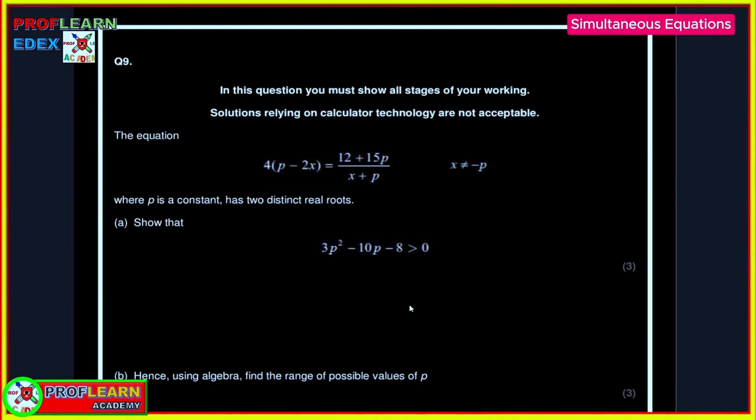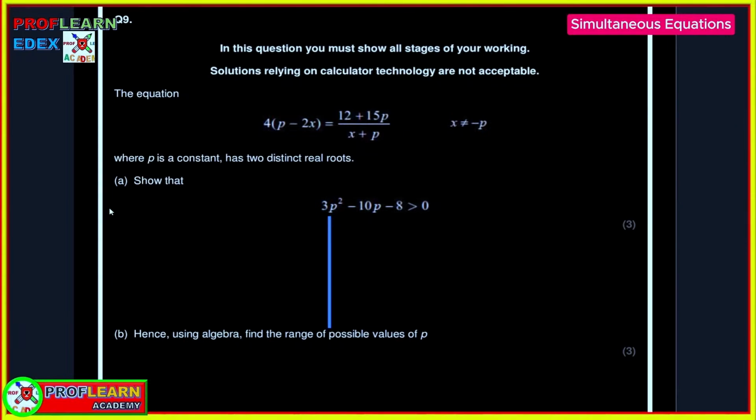Now, in order to arrive at that, we are going to multiply both sides by x plus p so that we can get rid of the fraction. We shall multiply this by x plus p here so that we can cancel out, and then expand whatever we have on the left hand side.